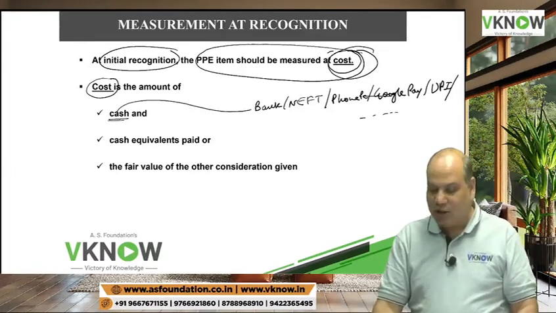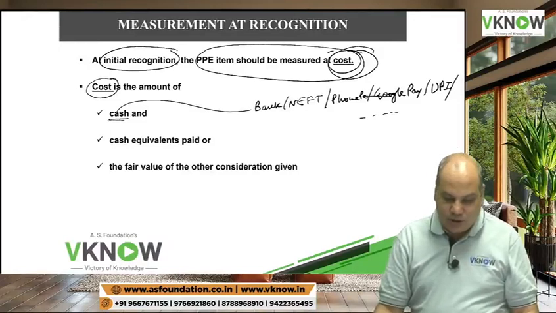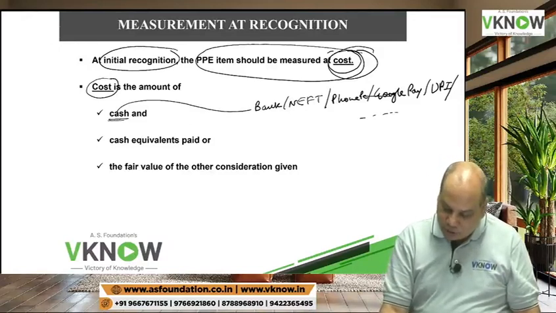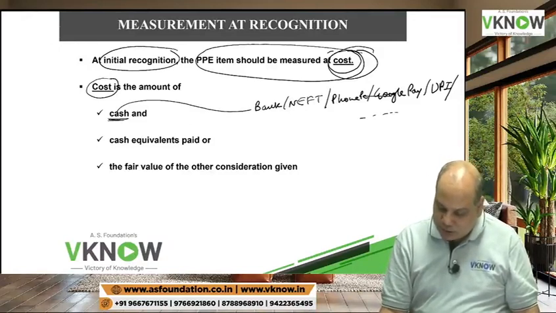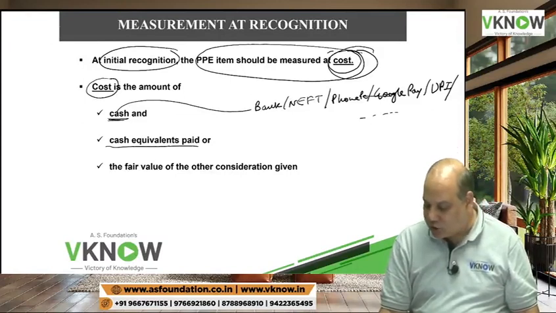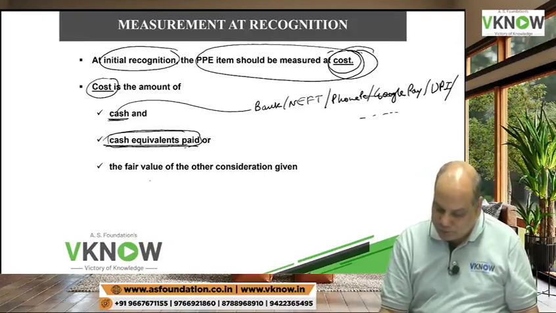Pay the amount, get the asset. Cost is the amount of cash paid or cash equivalent paid. If not cash, cash equivalent is also okay.